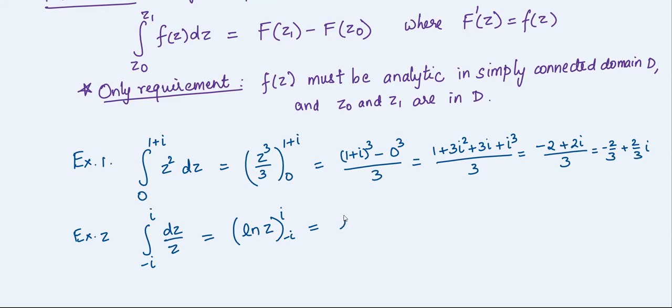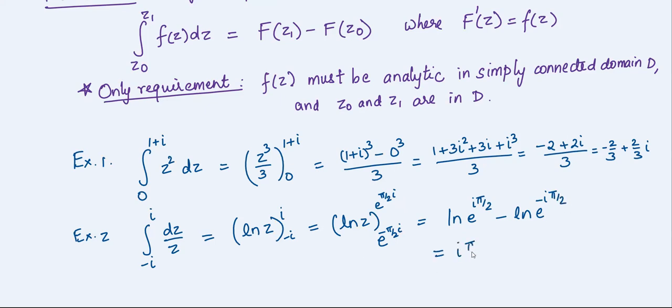I and minus I are e power pi by 2 times I and e power minus pi by 2 times I. So you get log e power I pi by 2 minus log e power minus I pi by 2.